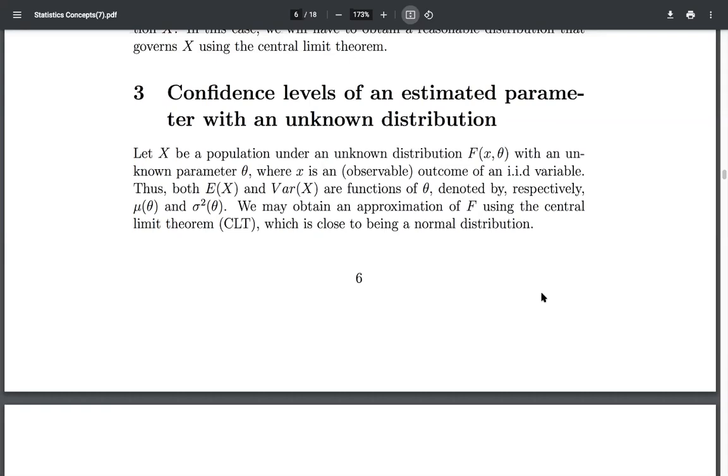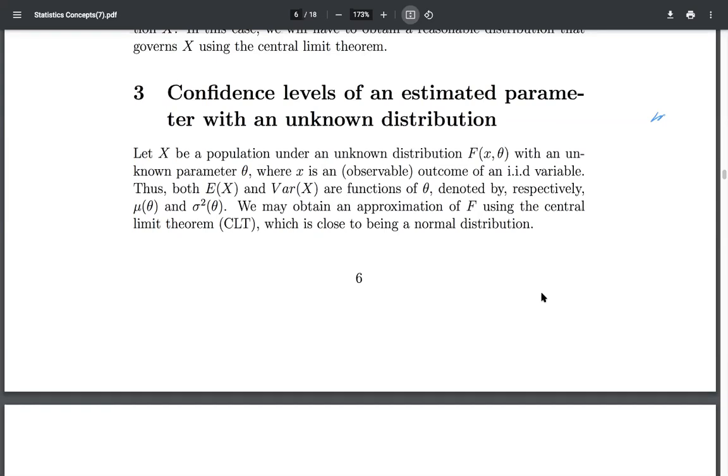All right, so now we have a population X. We have an unknown distribution, and still we need to estimate, as we said. We still have three things we want to estimate.